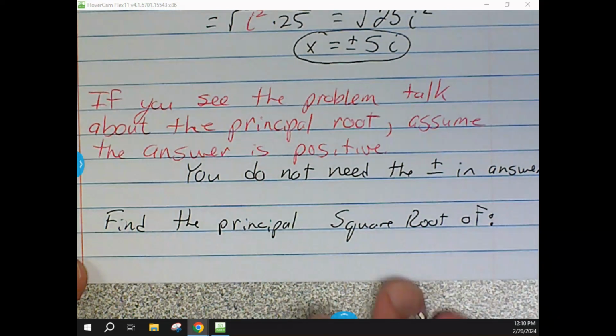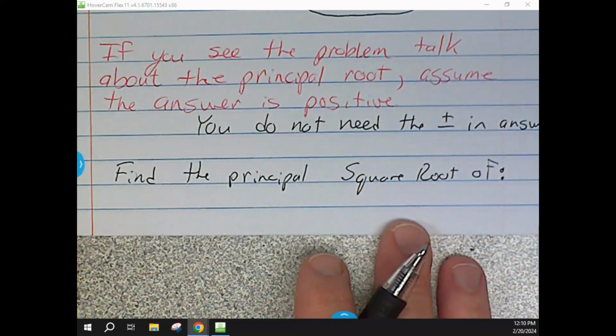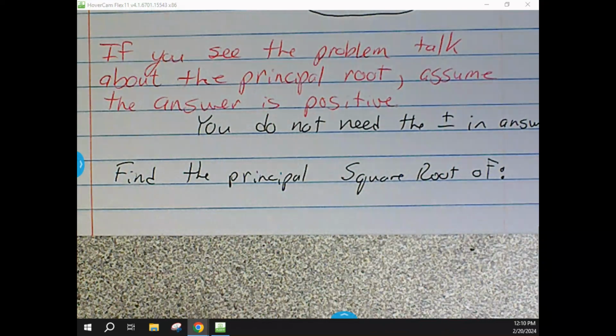Okay, and just to show you the difference of the answers and the questions in this one, we'll give you two examples where it says just find the principal square root of some numbers, and another one where it just says to solve, or just find all roots, and that way you can see the difference of the two.